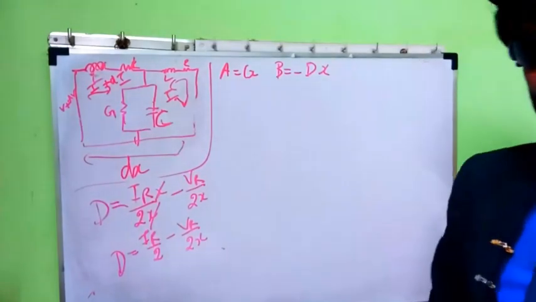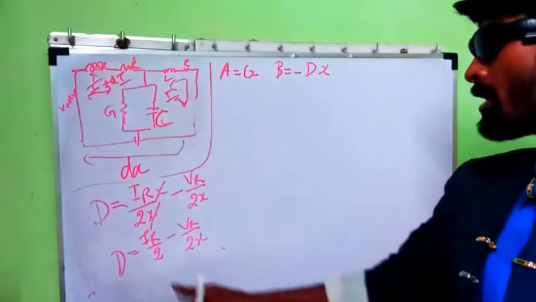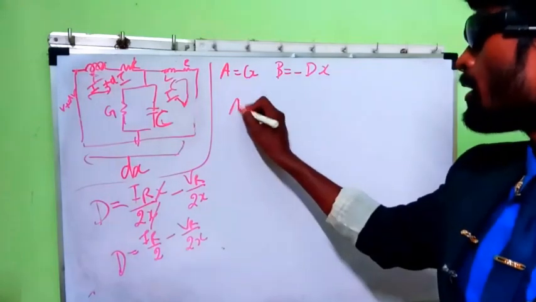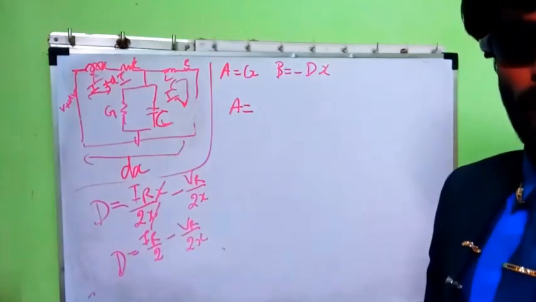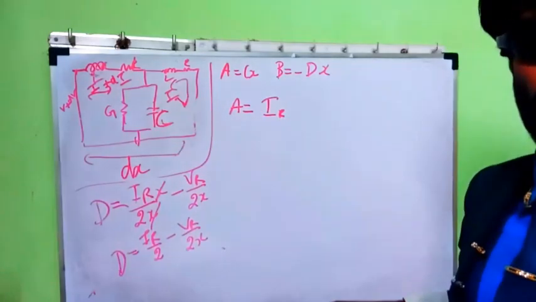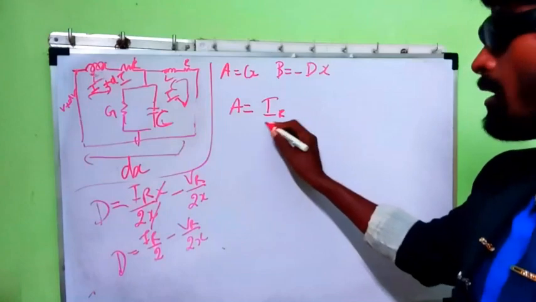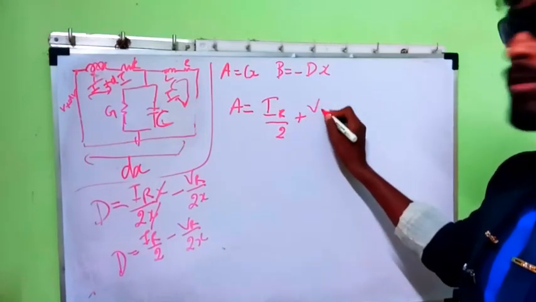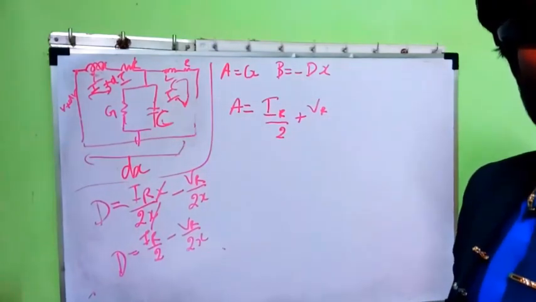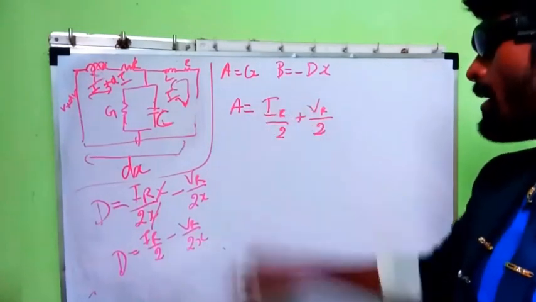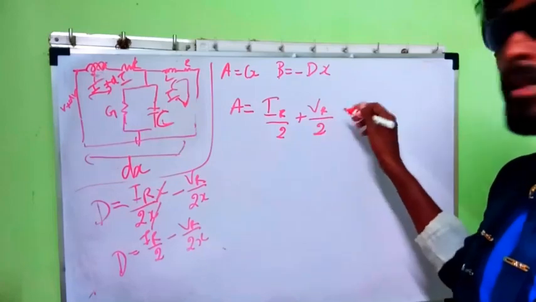Now a equals cx, right? And then b equals minus dx. So a is equal to, you all know the value of c, right? That means IR divided by 2, please look at the previous video, and then plus VR divided by 2, because actually you are going to multiply by x, and the x gets cancelled.